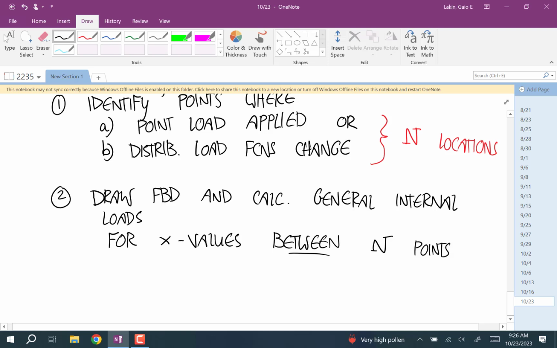We're going to call these the cuts. And so how many cuts are we going to have in general? n minus 1. Perfect. n minus 1.